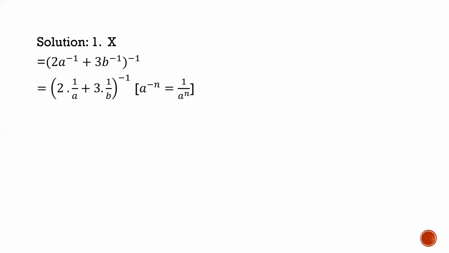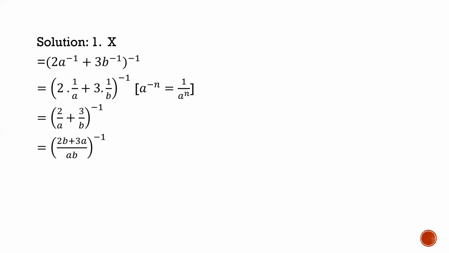Now multiplying 2 with 1 by a and 3 with 1 by b, we have (2 by a plus 3 by b) whole inverse. Now we have to do the addition of fractions, and for that we need to do the LCM. So adding them, we will have 2b plus 3a divided by ab.